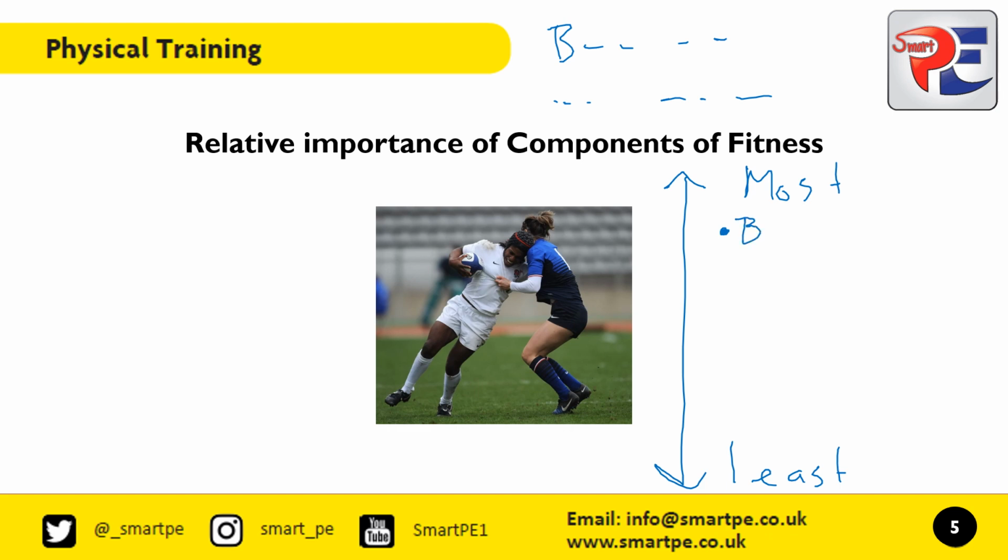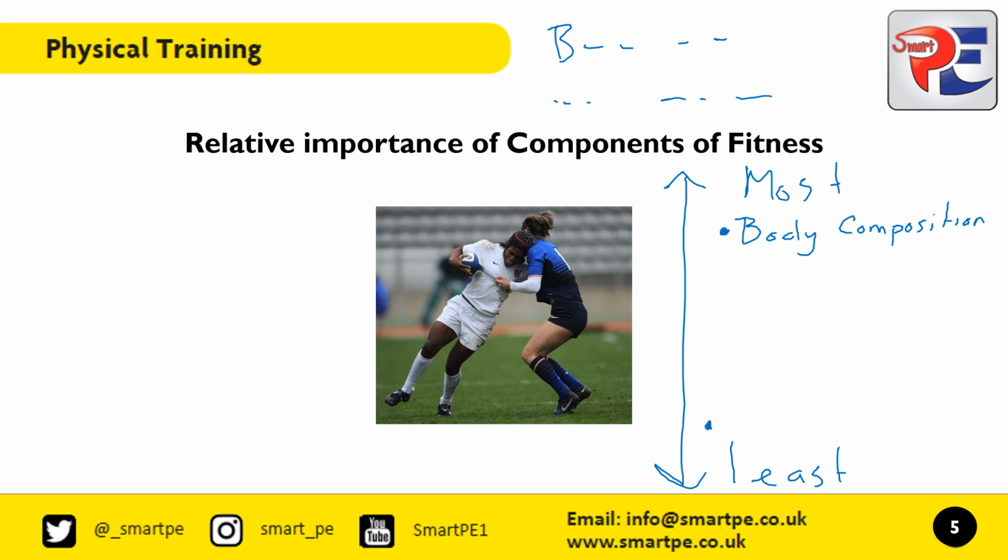So I think personally, for this particular picture, body composition is the most important. If her distribution of muscle and fat is incorrect, for example if she's too thin and too slight, she's not going to be strong enough, which you might need for somebody playing in a flanker position.